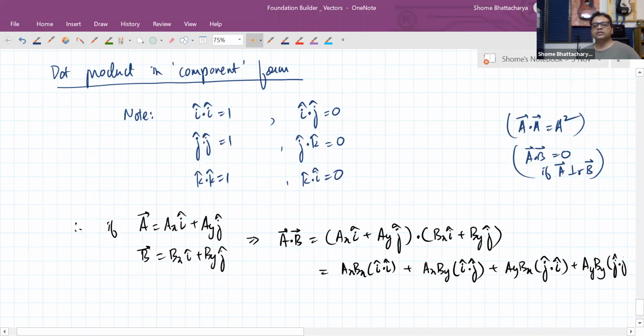Now in this you know that these two terms will be 0 because of this relation. Whereas these two terms, this is 1 and this term is 1 because of these relations. So finally what I'm left with is just Ax into Bx plus Ay into By. So this becomes a formula for the dot product of two vectors when they are in two-dimensional component form.